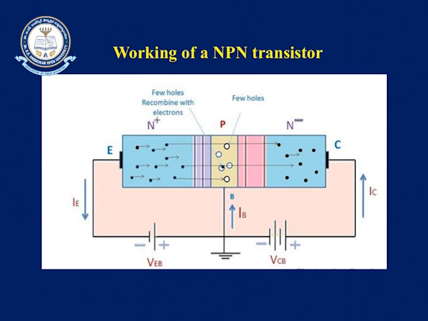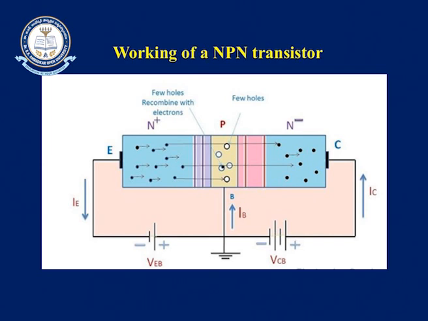So what happens? These electrons move towards the P side, and electron-hole recombination takes place. Only a small amount of recombination takes place because the base is lightly doped. The remaining electrons move towards the N terminal and combine with the VCB power supply, which has a positive voltage.